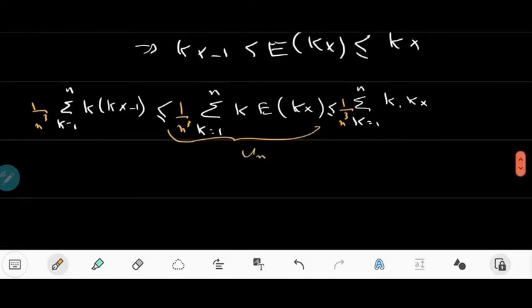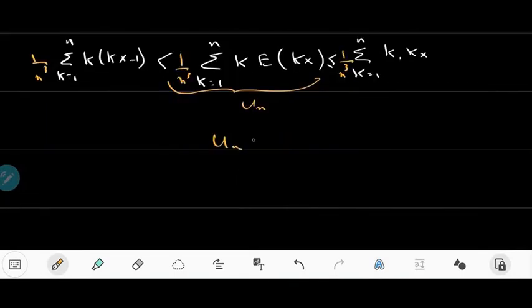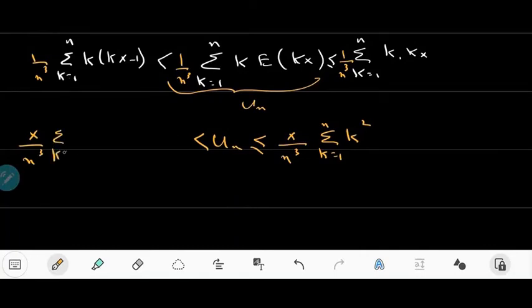Okay, so this means that un is, from the right side, less than x over n cubed times the sum for k going from 1 to n of k squared, and on the left side it's x over n cubed times the sum of k squared minus 1 over n cubed times the sum for k going from 1 to n of k.